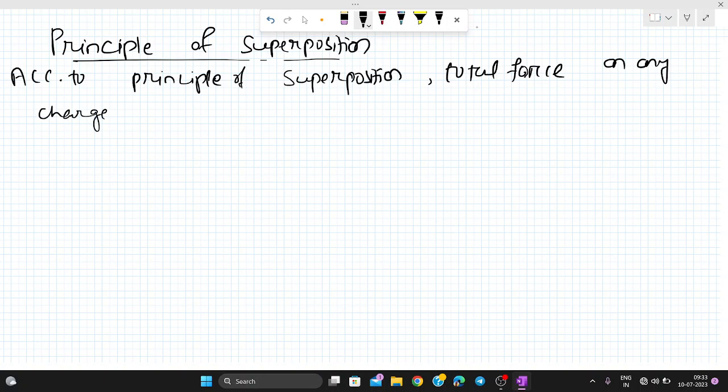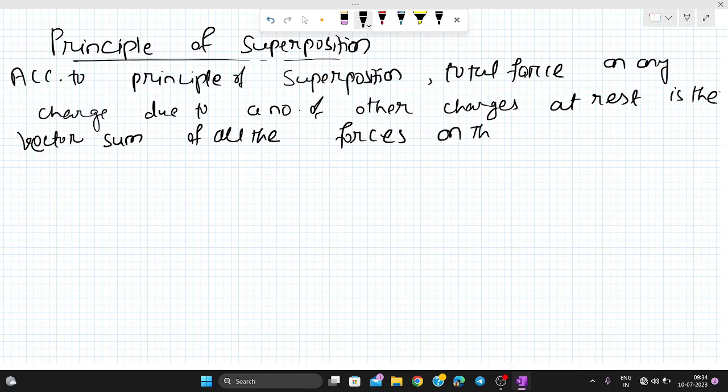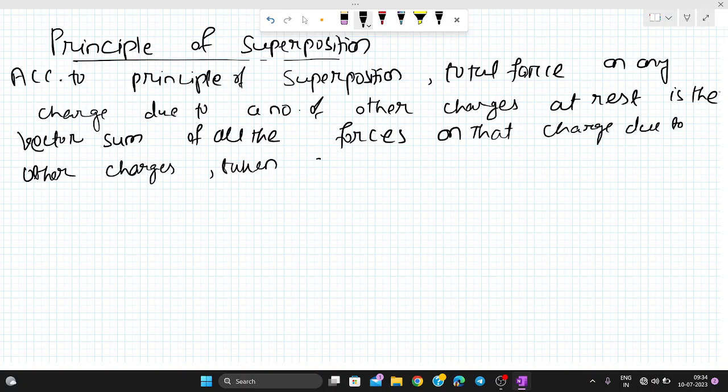due to a number of other charges at rest is the vector sum of all the forces on that charge due to the other charges, taken one at a time.